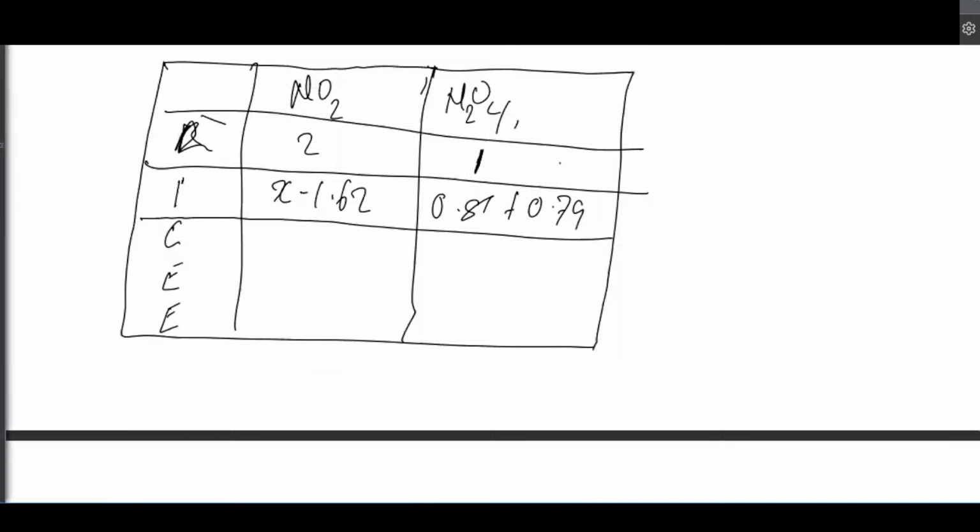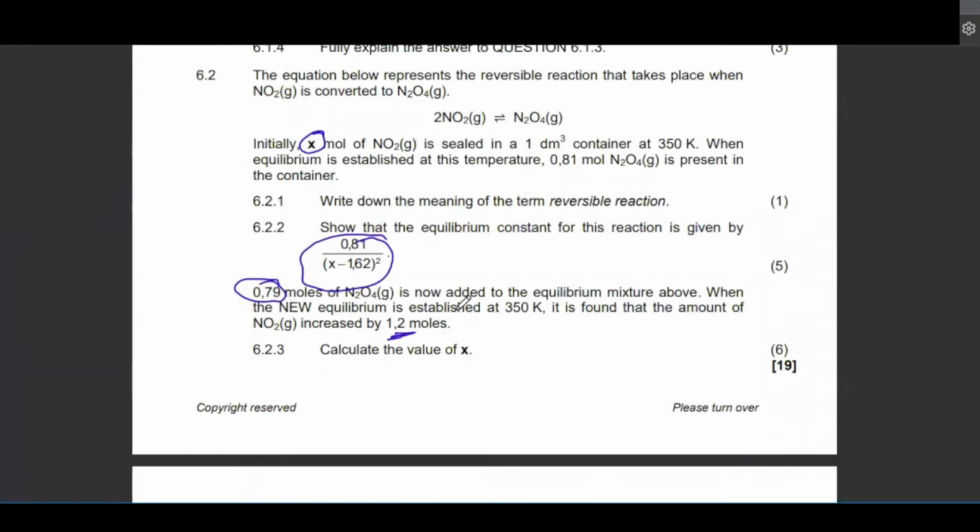Now, what are they saying? They're saying that when the new equilibrium is established, it was found out that nitrogen dioxide, at equilibrium, increased by 1.2.